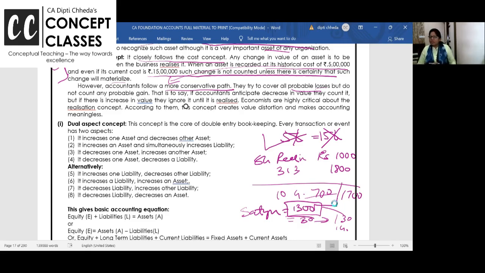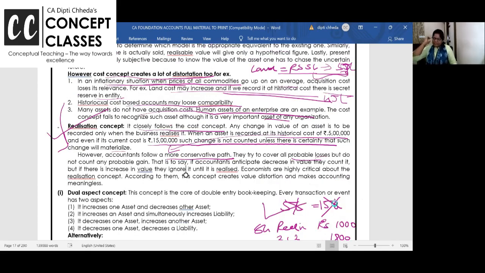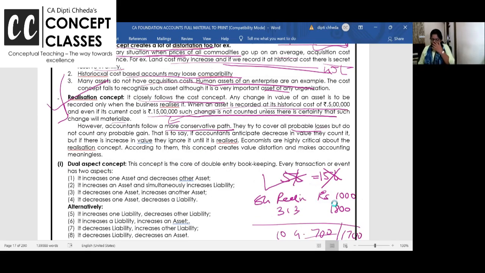But no, profit you will not record, because of the prudence principle. We anticipate all the losses, but we never anticipate the gain. So I hope these examples I'm giving are clear for the cost concept and the realization concept.